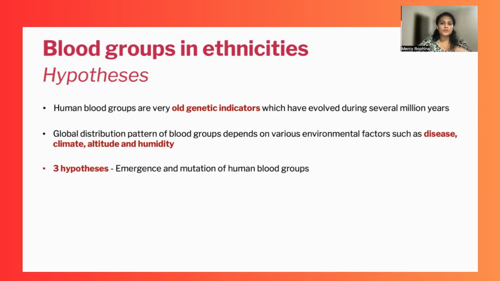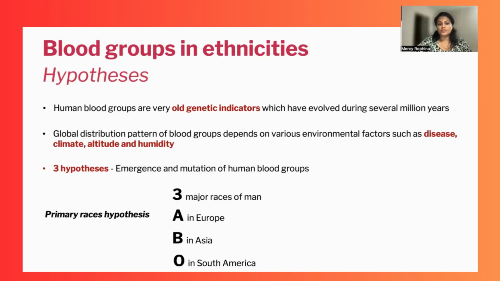There are three major hypotheses which focus on the emergence and evolution of human blood groups. The very first is the primary races hypothesis, which talks about the distribution of blood groups with respect to geographical distribution. It divides the global population into three major races: those belonging to the European subcontinent, those belonging to the Asian part, and those belonging to South America.